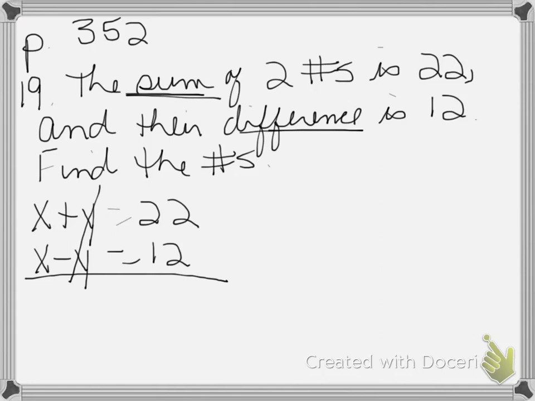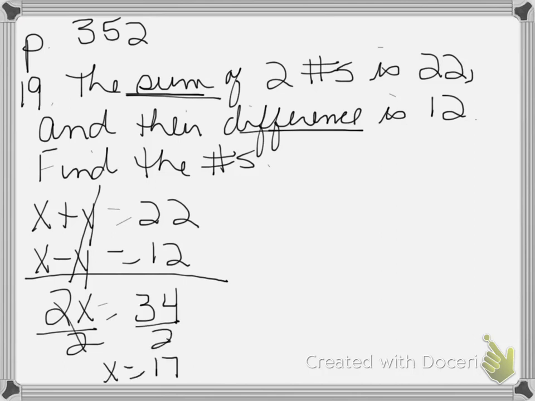The y's go away. Now be very careful here. X plus x is 2x is equal to 34. Divide by 2, and you get x is equal to 17. Now I'm going to plug that into the first equation. And x is 17.